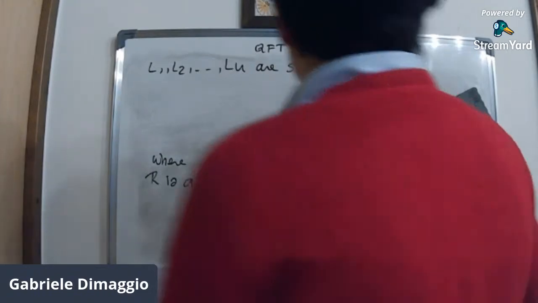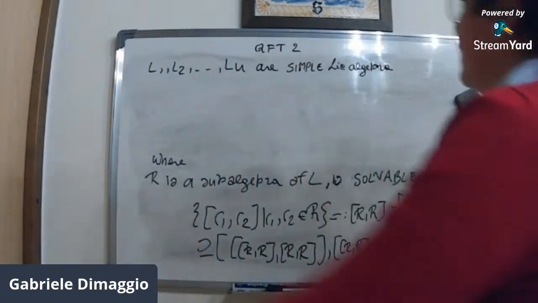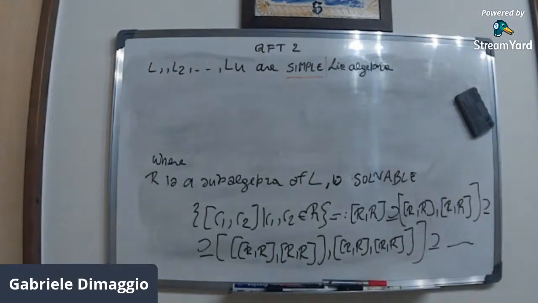So attention to this adjective, because they are simple. When can a Lie algebra be called simple?